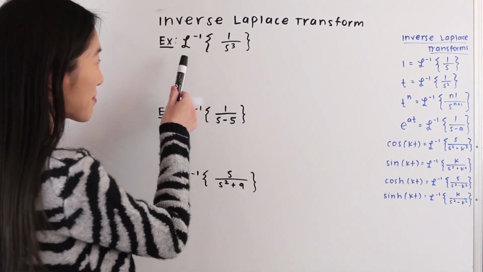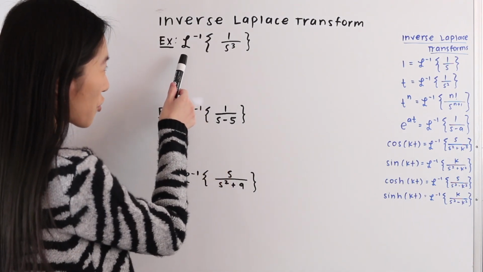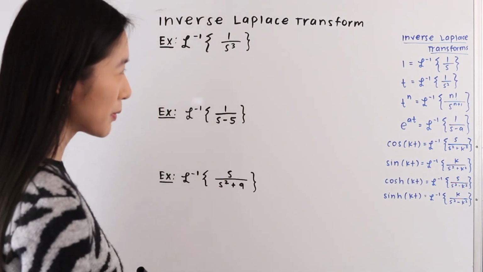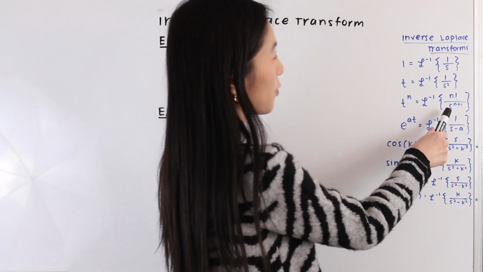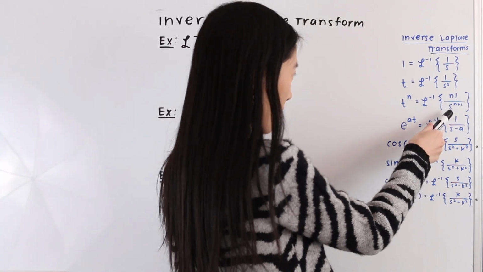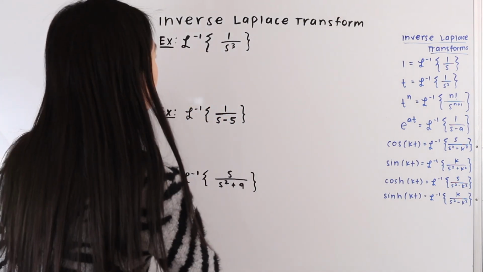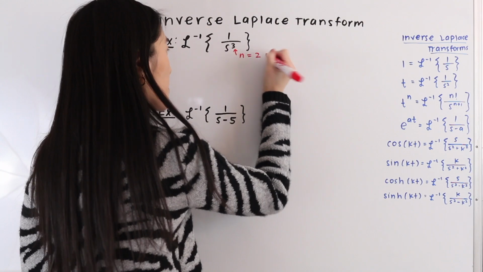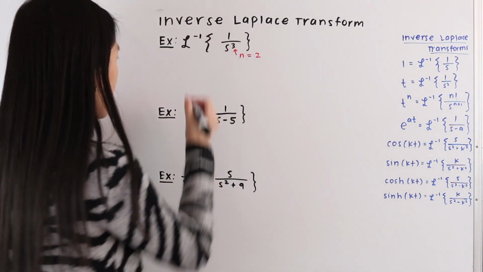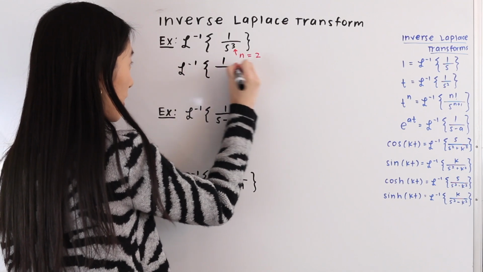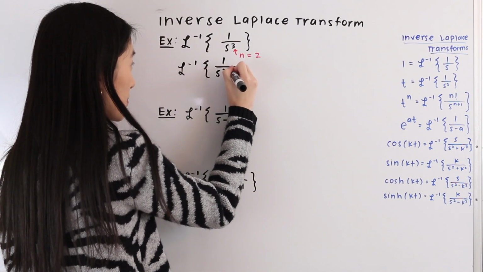So in this first example here, we have the inverse Laplace transform of 1 over s to the third power. So let's go ahead and take a look at our table. Taking a look here, if we set n equal to 2, we would have an s to the third power in the denominator. And so we can rewrite this as the inverse Laplace transform of 1 over s to the 2 plus 1.